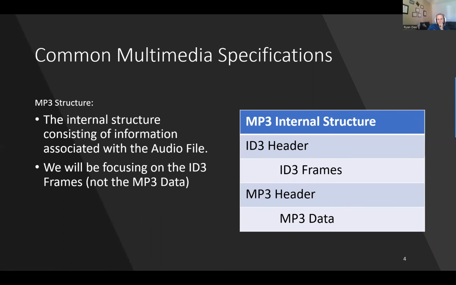The structure of an MP3 file on the surface seems pretty simple, right? It consists of an audio format that has an ID3 header and then ID3 frames. We're going to talk about those in detail. Then it has the MP3 header and the MP3 data. The MP3 data is where the actual song or voice that was recorded is.